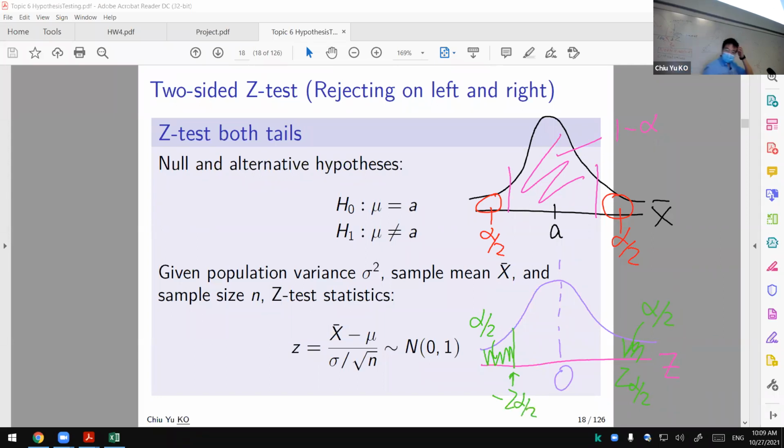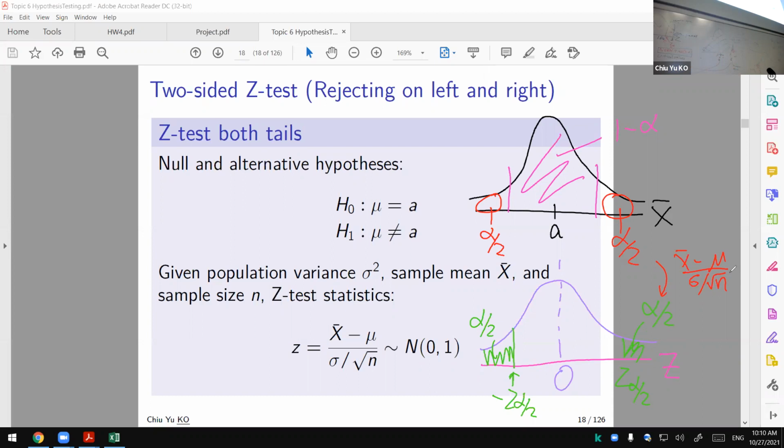If your X bar is within the red area, the rejection region, then you reject. Again, the transformation is the same: X bar minus mu over sigma over root n. When you transform this to the below graph, if it is in the green area, you reject.